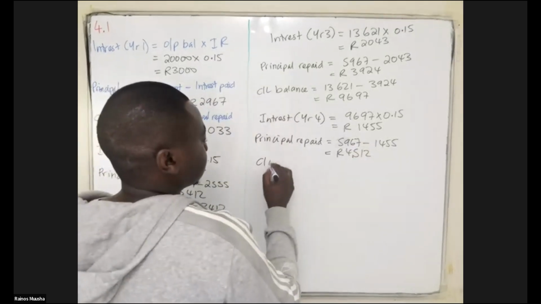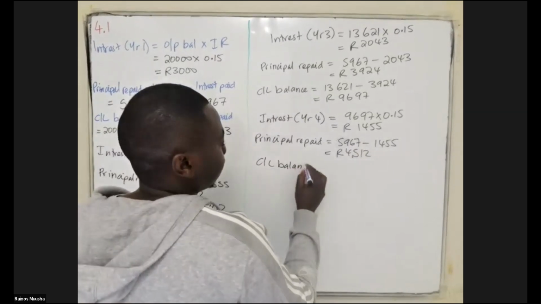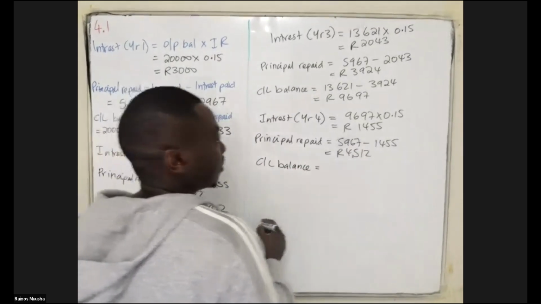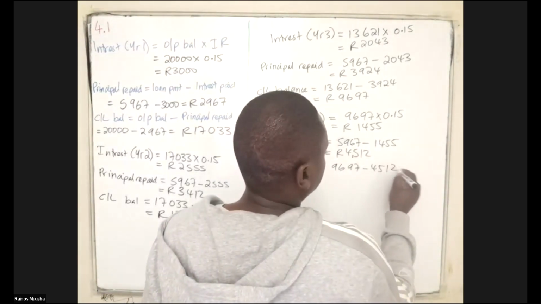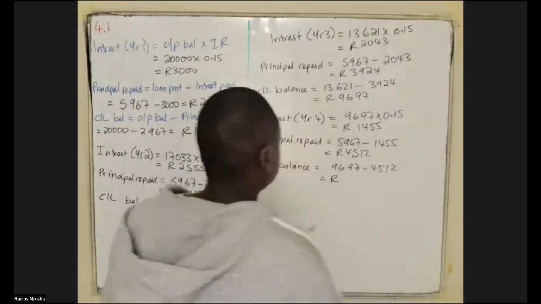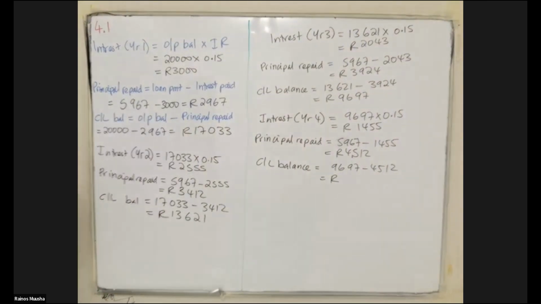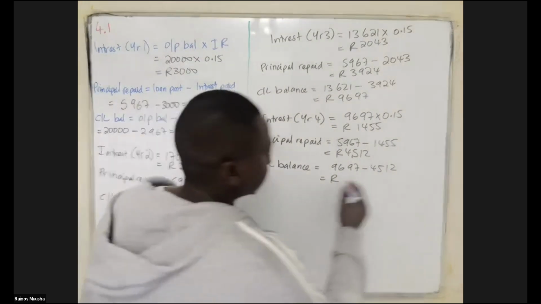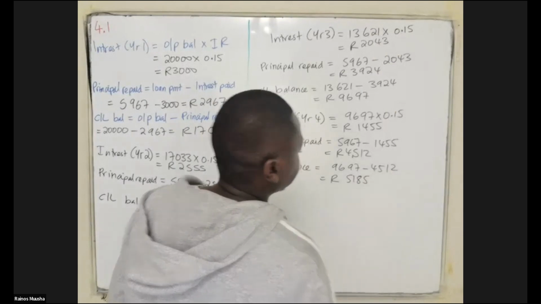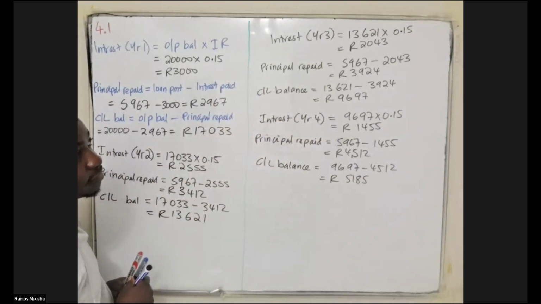Then the closing balance for year 4 would be equal to the opening balance of 9,697 minus 4,512. You get a figure of 5,185.